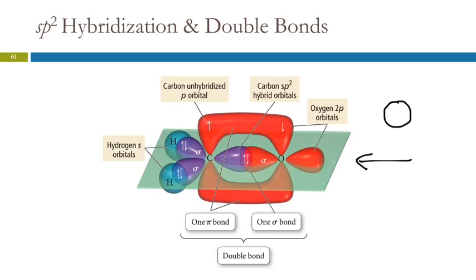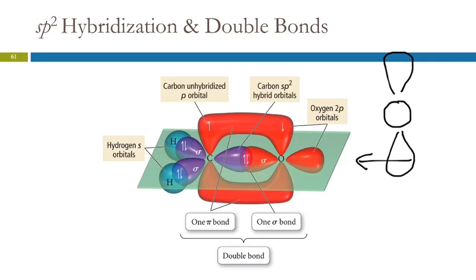It's just like looking at the end of a cylinder, right? That's a sigma. It's a circle. It's symmetrical. The pi bond, we're going to see something like this, where there's going to be part of it above and part of it below that sigma bond.